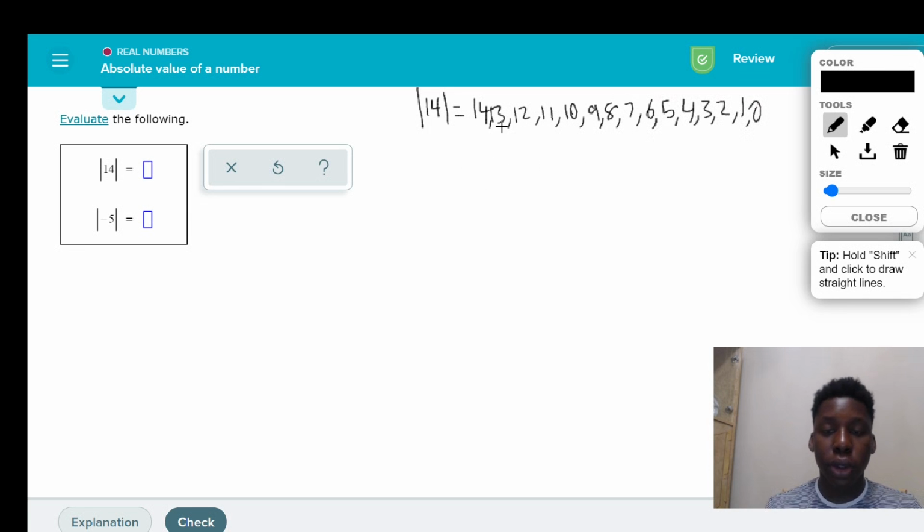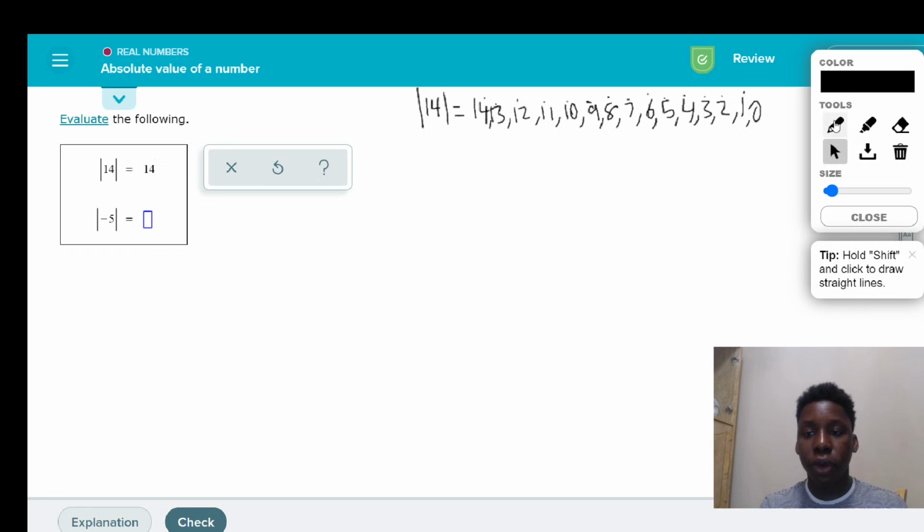If you want to count the amount of steps before it gets to 0, that's 1, 2, 3, 4, 5, 6, 7, 8, 9, 10, 11, 12, 13, 14. So it takes 14 steps before 14 gets to 0. So this is 14.